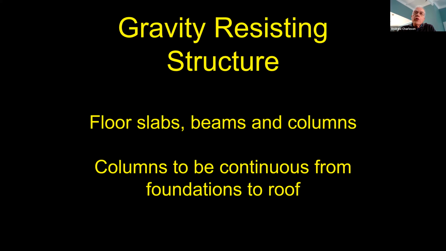It is possible to stop some columns off at different floors, but if you stop a column, you've got to provide what we call a transfer beam. And that beam has to be approximately 2 to 3 times deeper than a normal beam because it's carrying the weight of a column. So it's best to avoid that and to make your columns continuous from ground level right up to the roof.